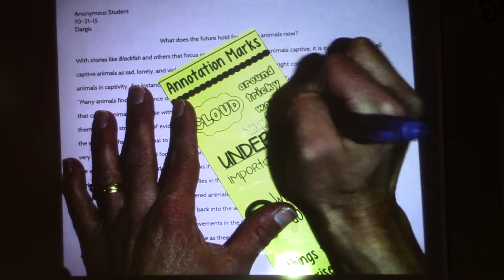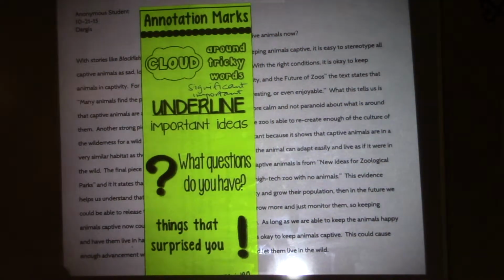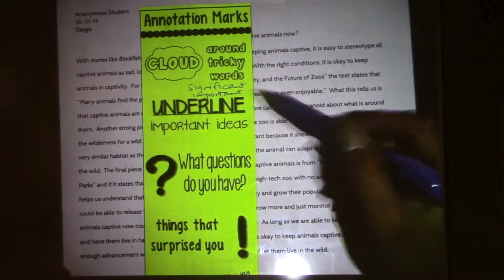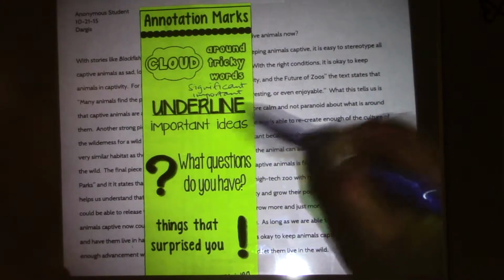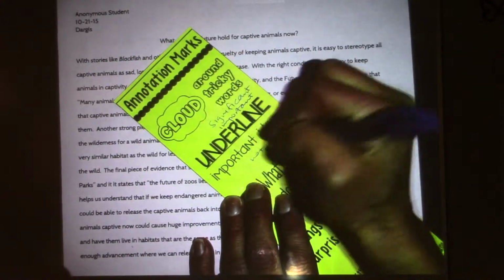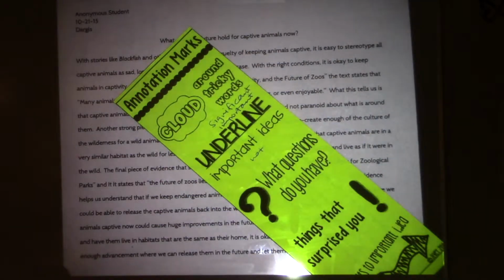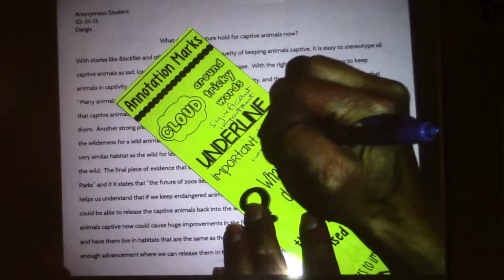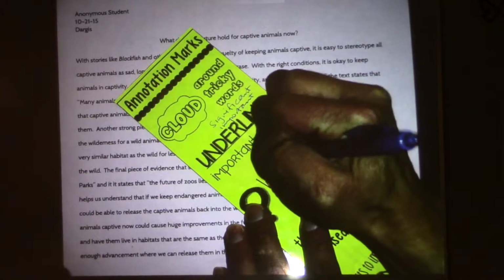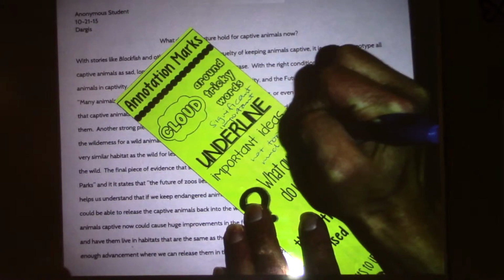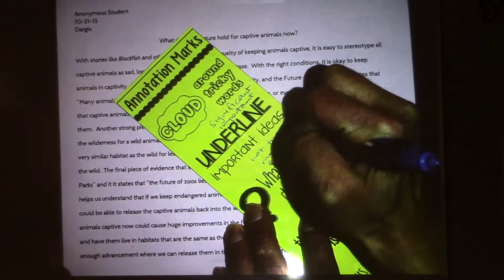So I'm just putting that on there to remind myself, and if you want to do the same, you're welcome to. And then we're underlining important ideas, but not too long, right? Not too many. We want to make sure that we're underlining just small portions so that we're not overdoing it, so that way we'll actually be able to recognize what we thought was important versus what's not as important. So not too much, just enough. It's kind of like the Goldilocks rule, you know?